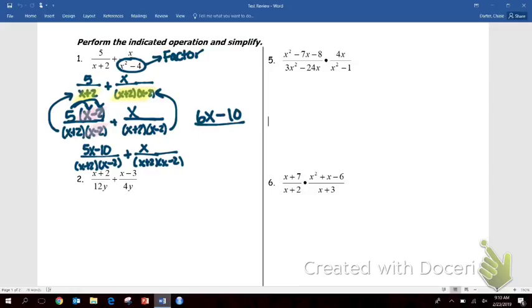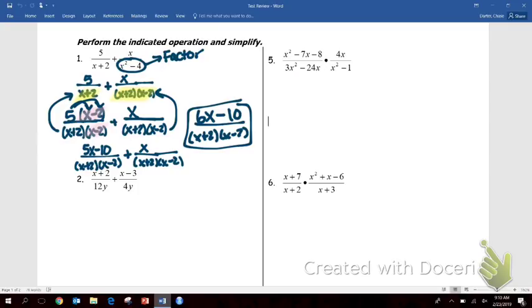Negative 10 plus nothing is negative 10. We've got our answer. So adding and subtracting: common denominator, and then combine like terms in the numerator. Leave the denominator alone when you're combining like terms.